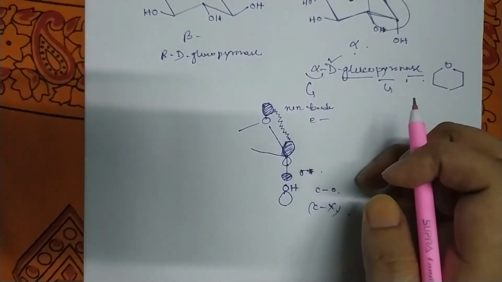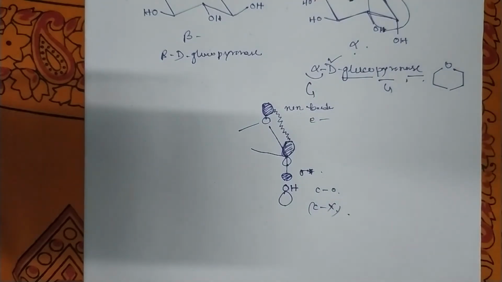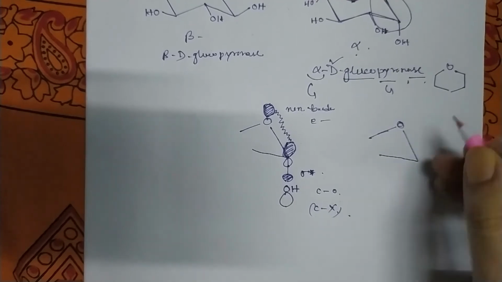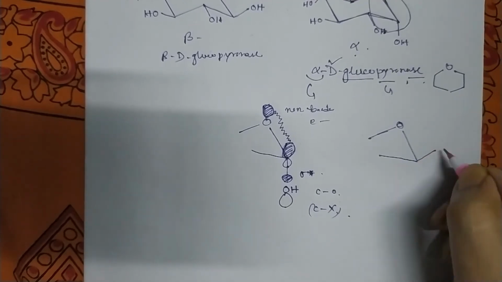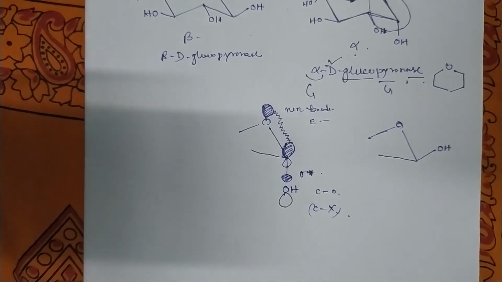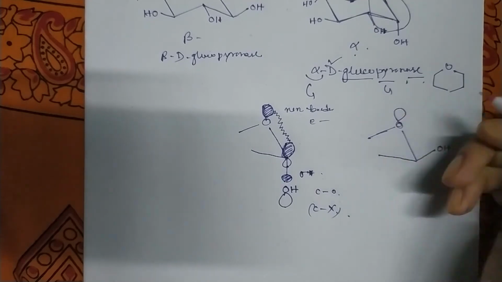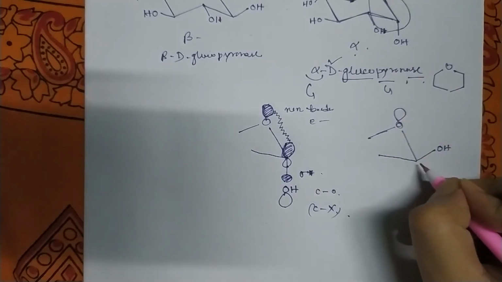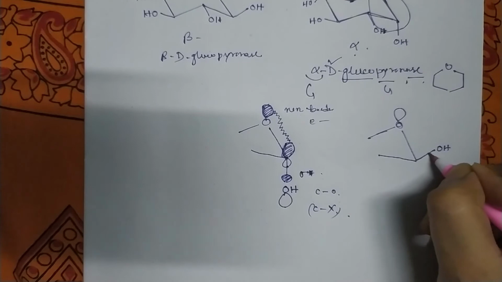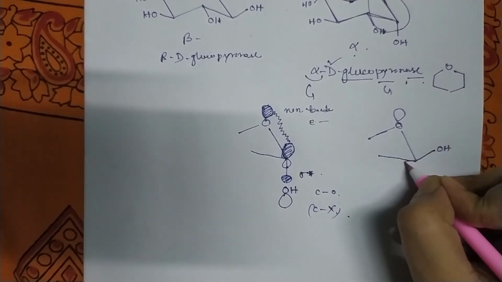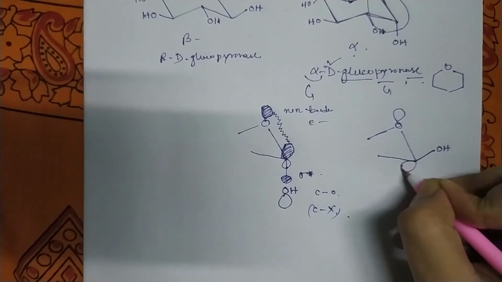Now let's draw the other conformation, which is the beta. The OH remains in the equatorial position. Similarly the lone pair will be here, and according to this bond vector or bond orientation, I will draw the sigma star orbital.